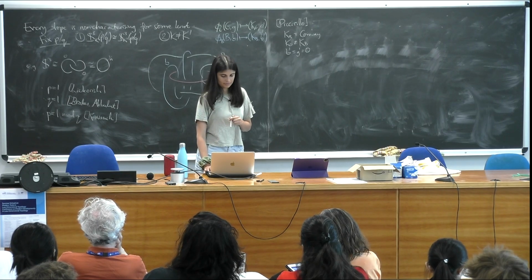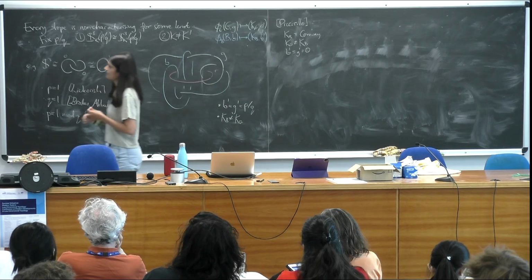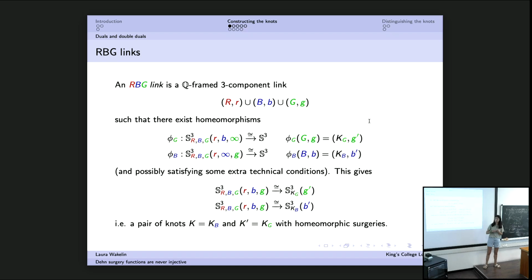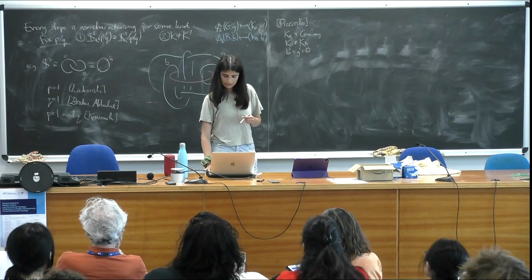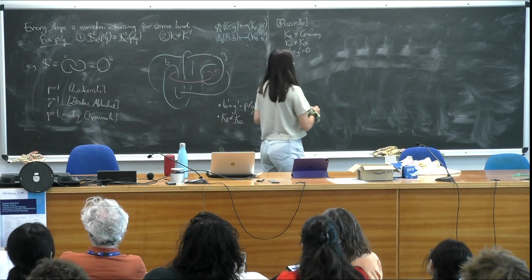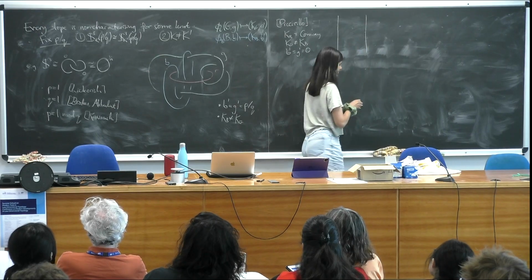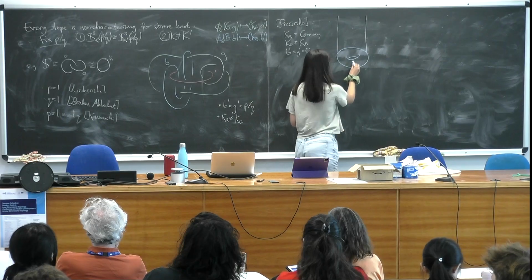Okay, so the way we're going to construct our RBG link, we need somehow to have these cancelling pairs of surgeries, and they're going to have rational coefficients. So one way to do that is by using this idea of dual knots. So we're going to do our Dehn surgery on a knot K. So here's just a schematic showing what it means to do Dehn surgery.